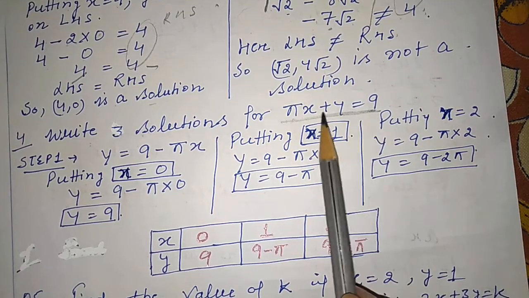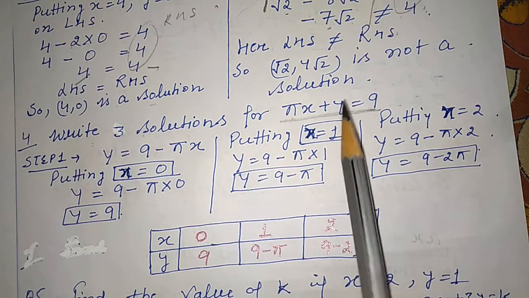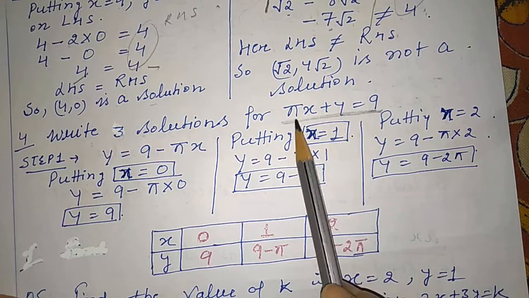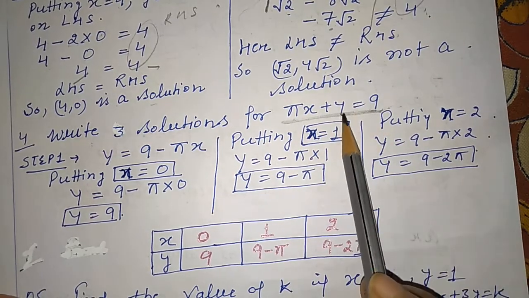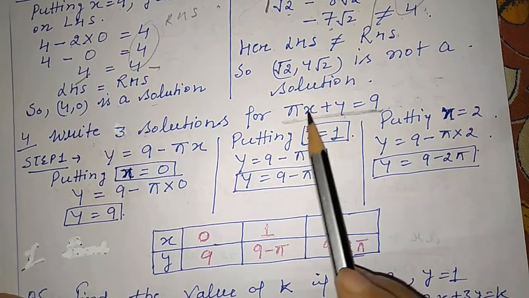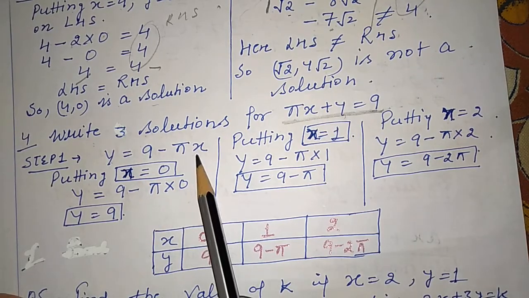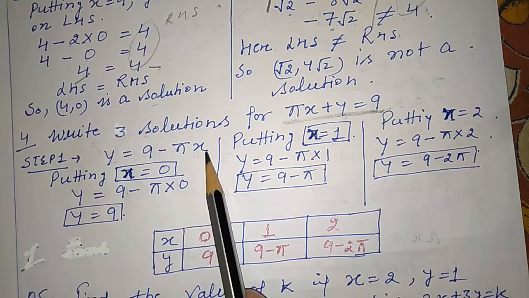If we are not getting an idea of what to put, always reduce the given equation to one variable. So y is without coefficient, so I will keep it on the left hand side, and I will transpose 9 minus pi x to the other side. So y is equal to 9 minus pi x.